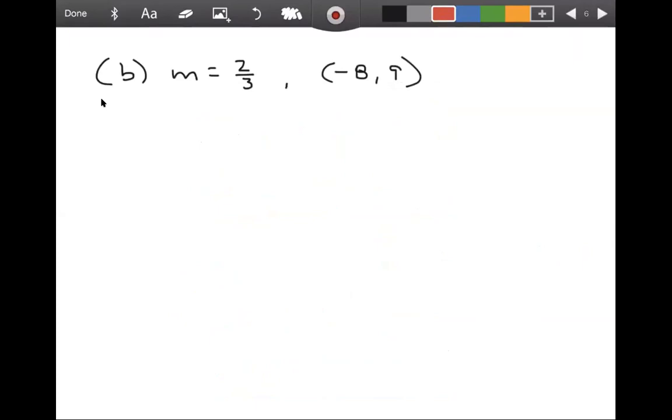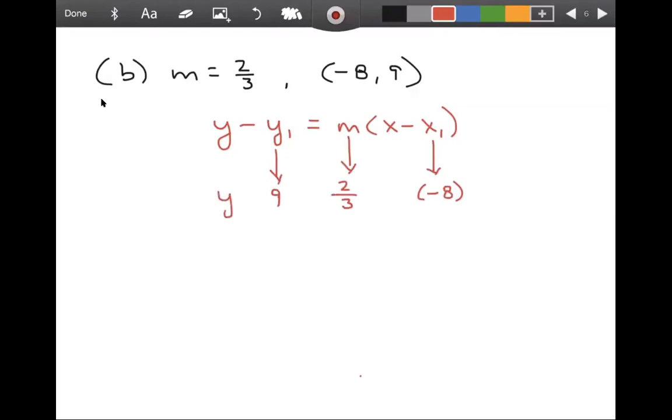All right, so once again, using the point slope formula, y minus y1 equals m times x minus x1. M is 2/3. X1 is -8. Y1 is 9. So we have y minus 9 equals 2/3 times x minus -8.